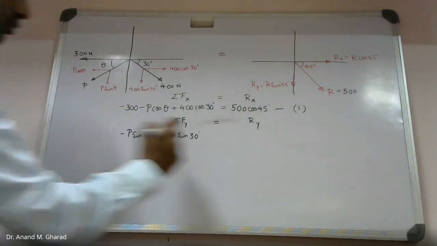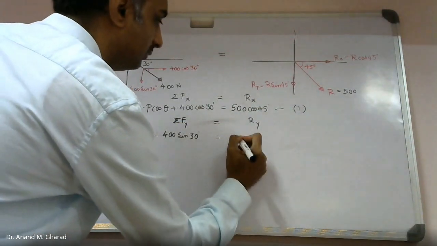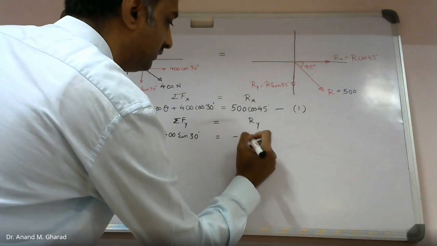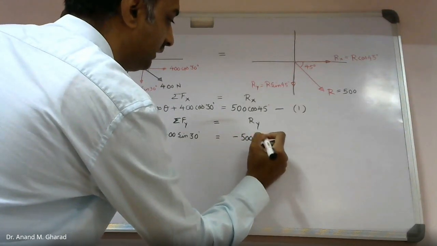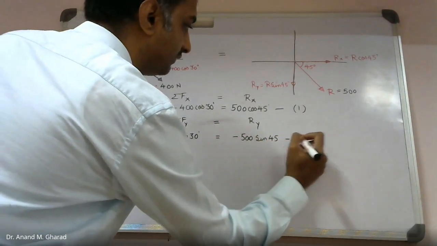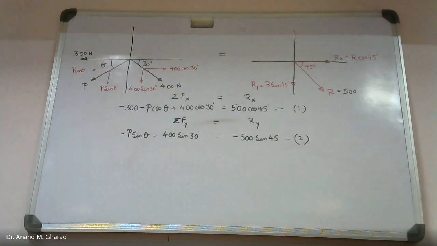Anything else? No. Equal to minus 500 sine 45. Please let me know, correct or wrong? Sir, correct.